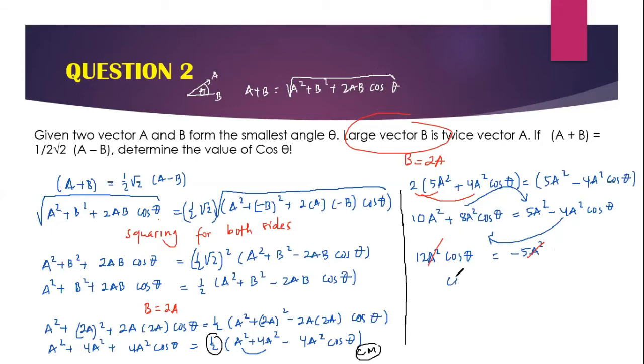So, cosine theta equals minus 5 over 12. Is it clear, everyone? And then theta is cosine to the power of minus 1 of 5 over 12. Use your calculator. Done. Any question?